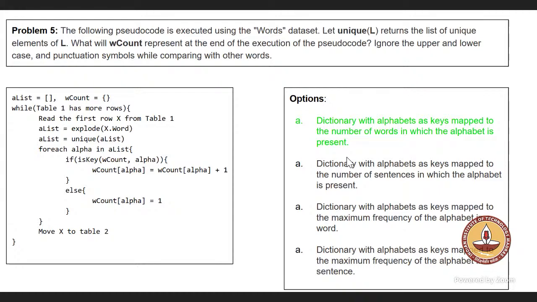But then T will become 3 because it is present once in it and 2 times in sweet. So it represents the number of words in which the alphabet is present. The keys will be the alphabets and the value will be mapped to the number of words it is present in.